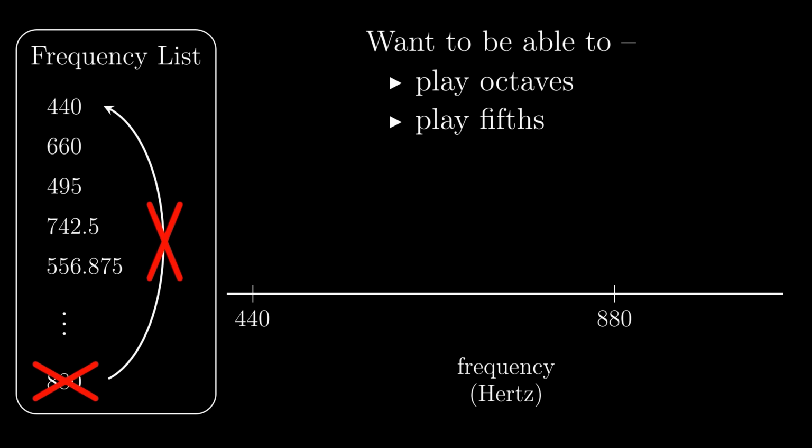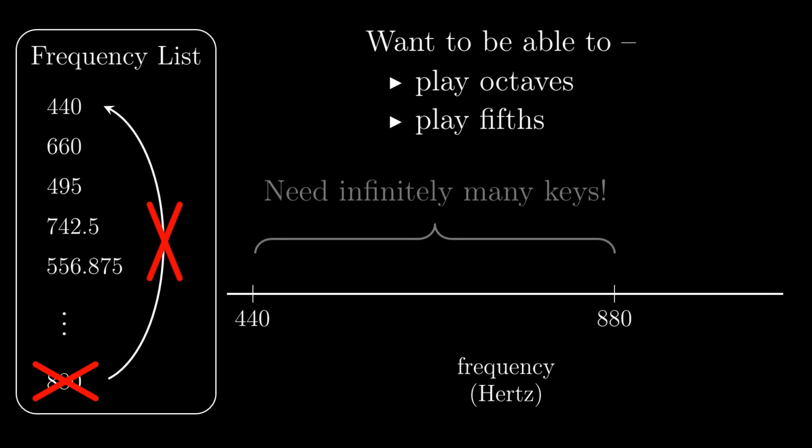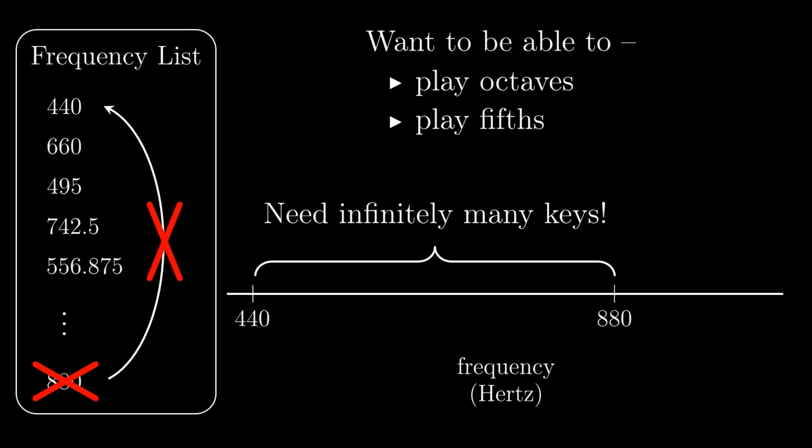But that won't happen. We will prove mathematically in a moment that we will never make it back exactly to 440, not even in a million steps. So our list will have infinitely many note frequencies. Now, this is terrible news because it means that our piano needs infinitely many keys for this single octave between 440 and 880. And that's, of course, impractical.